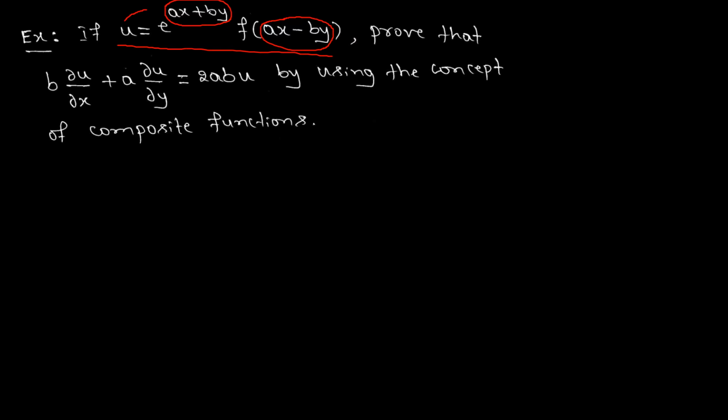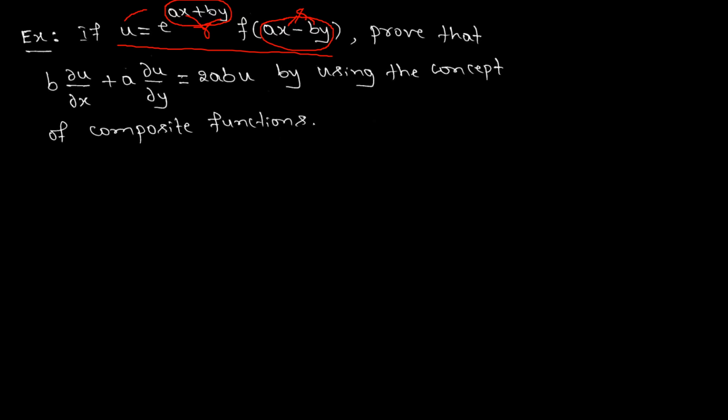So you can call it as r and this as s. Then each of r and s depends on two variables x and y. So we can infer that u depends on r and s, and each of r and s depends on x and y.